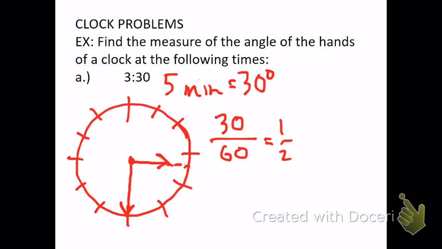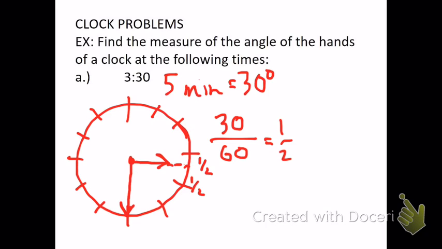That tells you what fraction this is. The hour hand is past the 3. It's past half of a 5-minute section. That means what's left is a half as well, right?